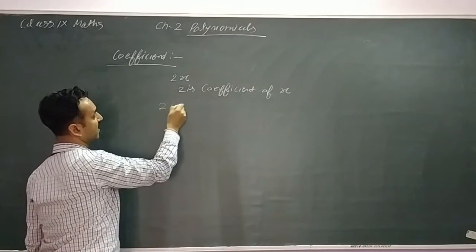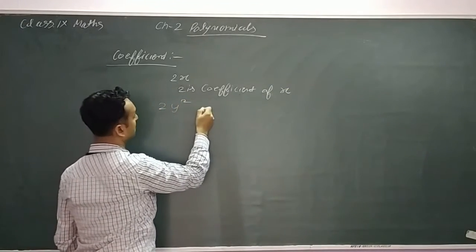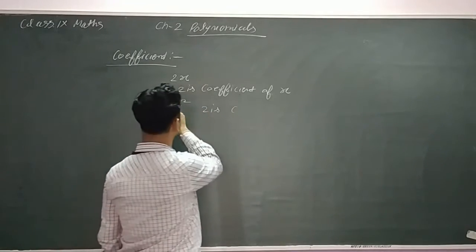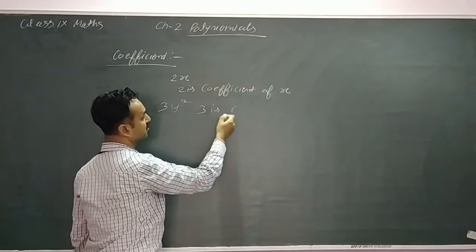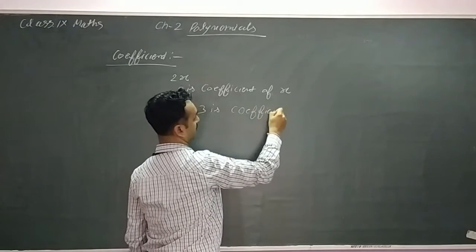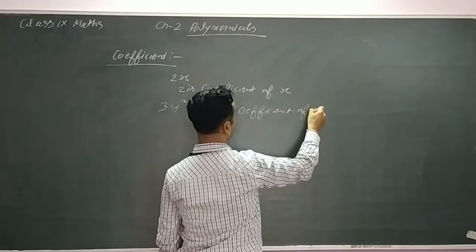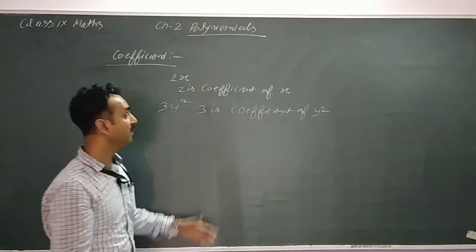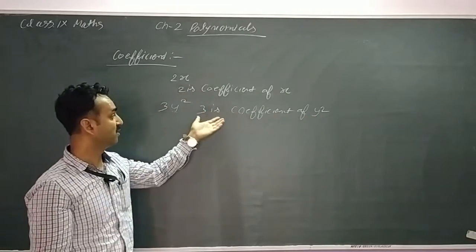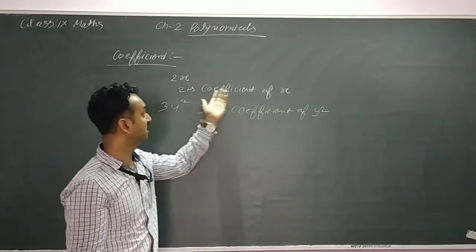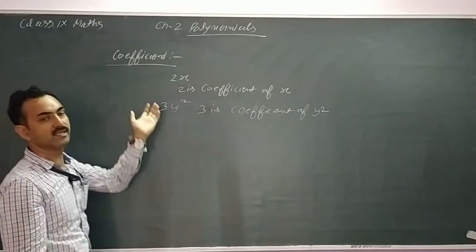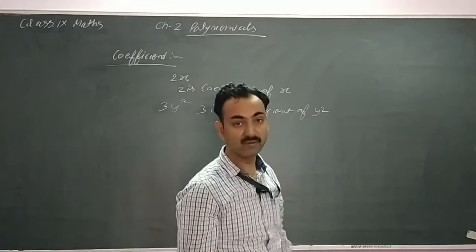Suppose you write 3y². Then 3 is the coefficient of y². You have to mention which variable the coefficient belongs to: the coefficient of y², the coefficient of x. So the coefficient is the number with the variable.